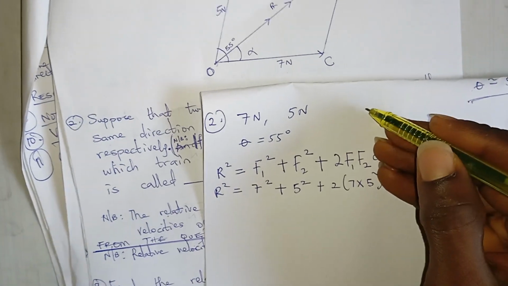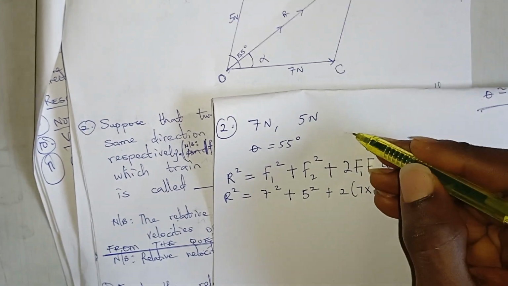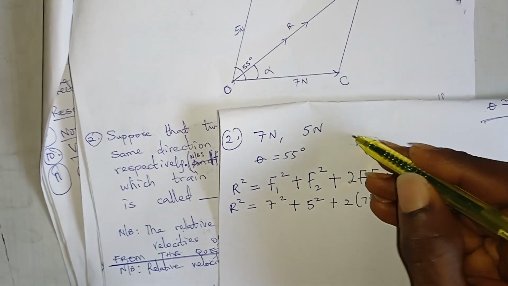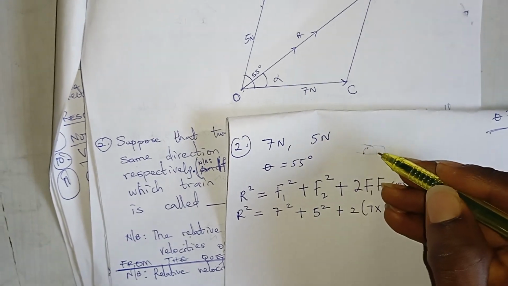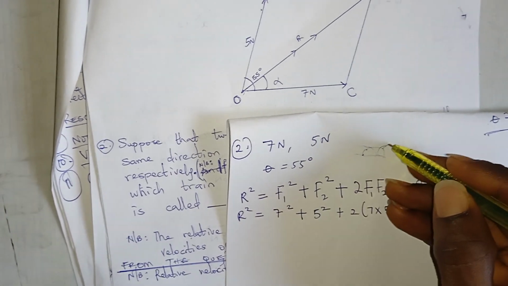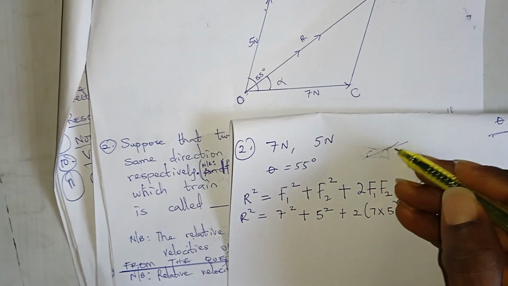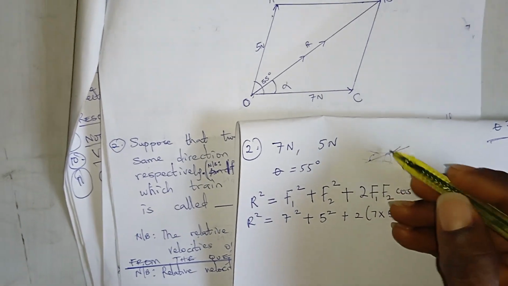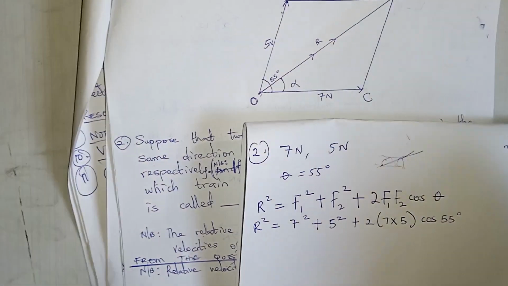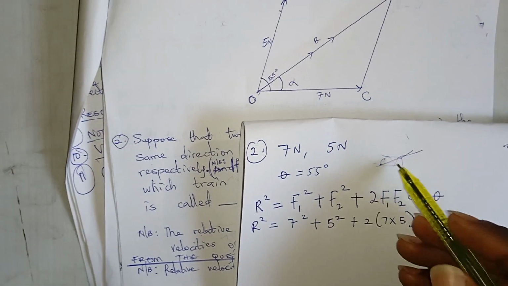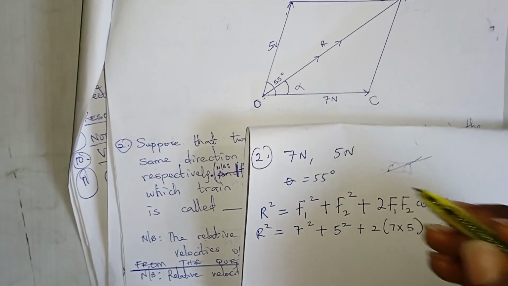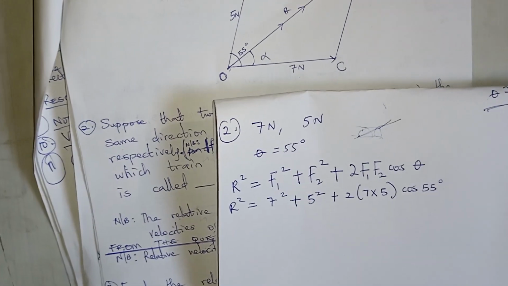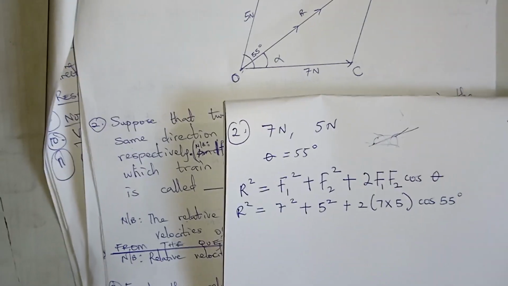Notice that 55 degrees is somewhere here. So that is why you have this now. So you need to know this. Since I have this angle, whenever it's less than 90, use cosine rule.